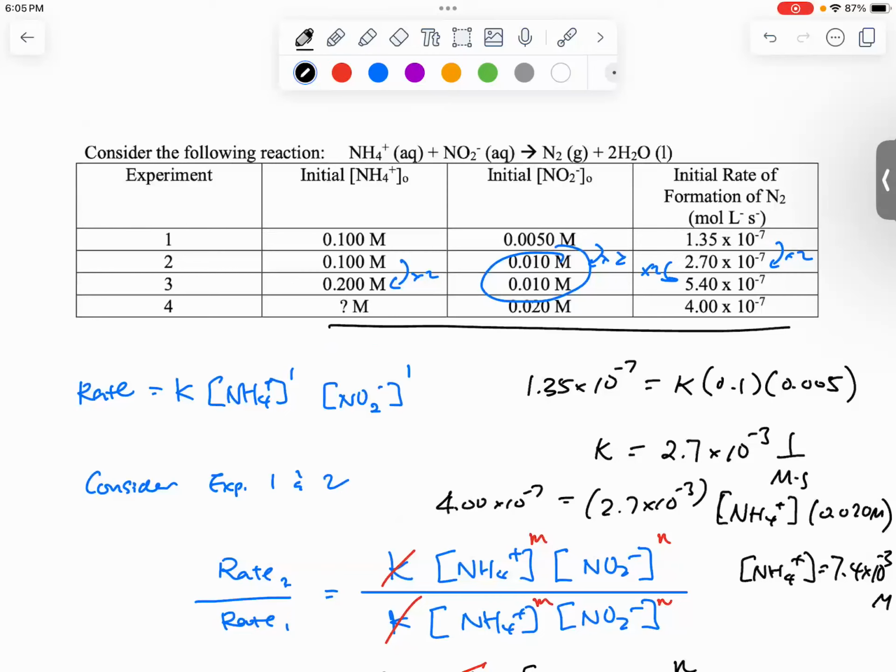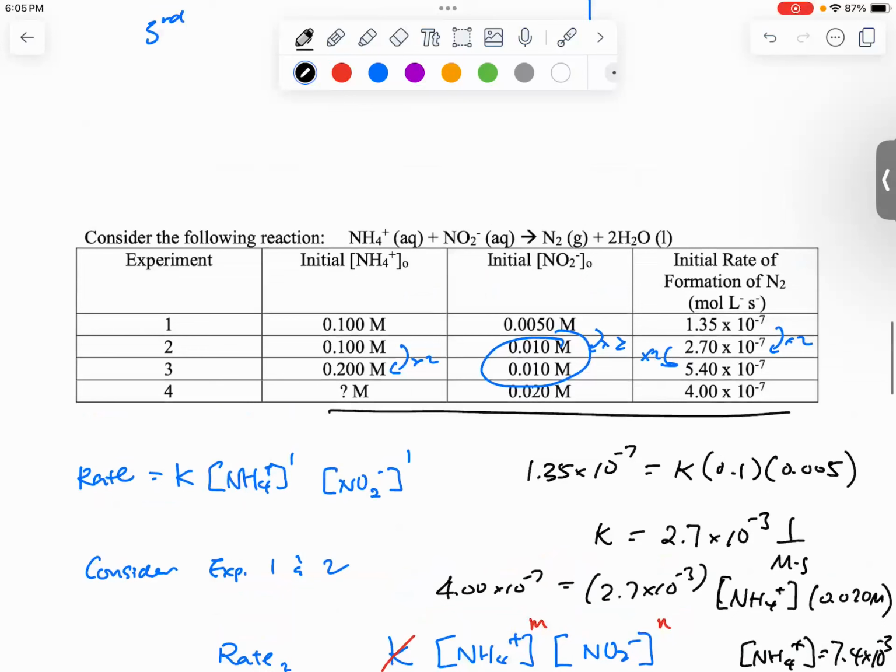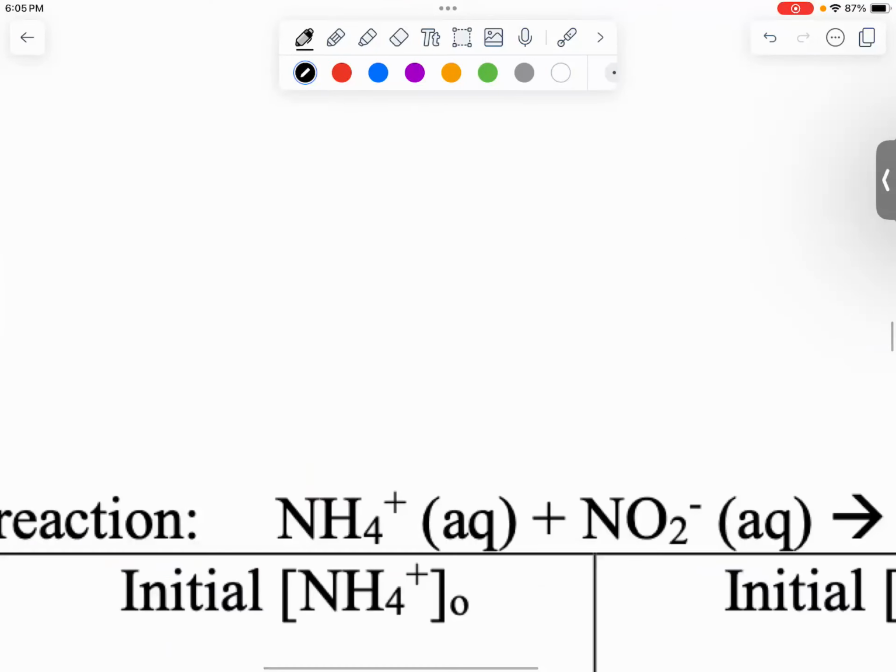All right, so now there's one thing I want to emphasize here. Now we are going to see some more rate law stuff, and it becomes a little bit tempting to relate the exponents to the coefficients of the equation.